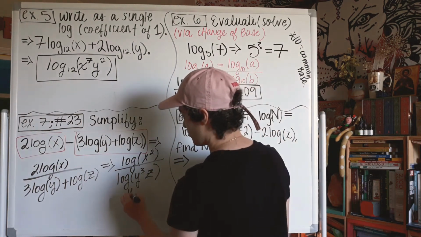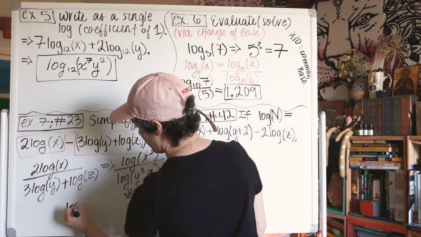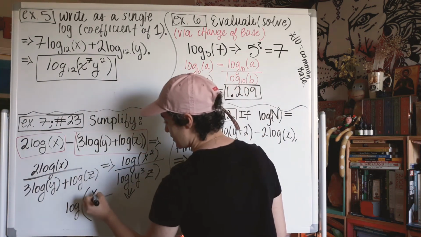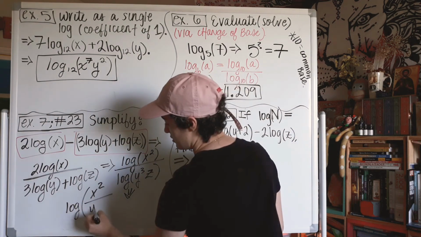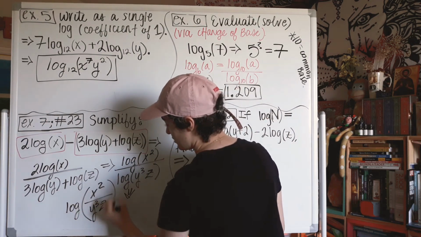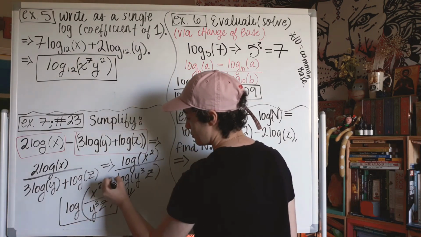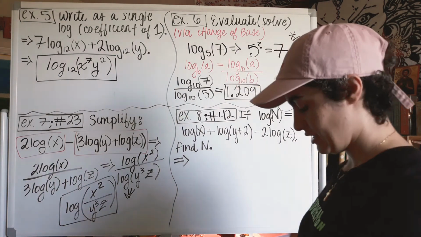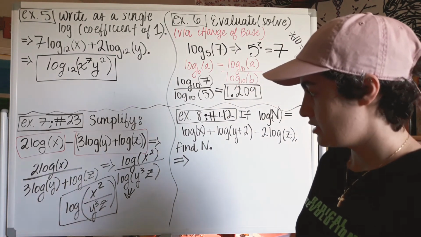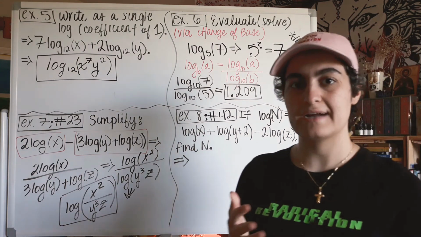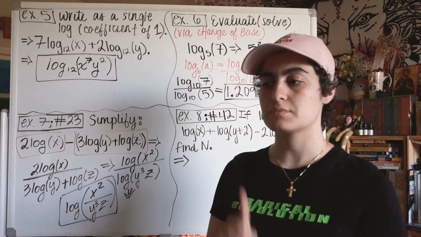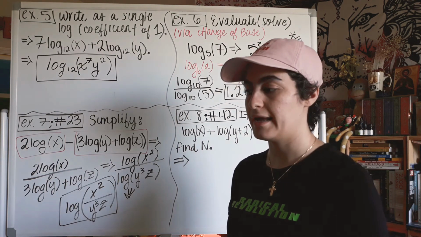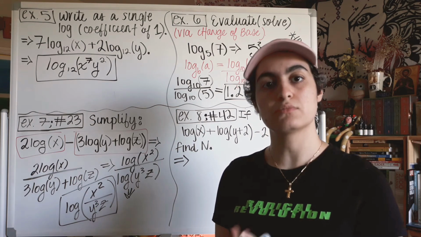So I'm going to simplify one last time to get log and then the whole fraction x squared over y cubed z. This is your final simplified answer. Okay? And so you really have to correspond subtracting with fractions, dividing, and adding with multiplying.